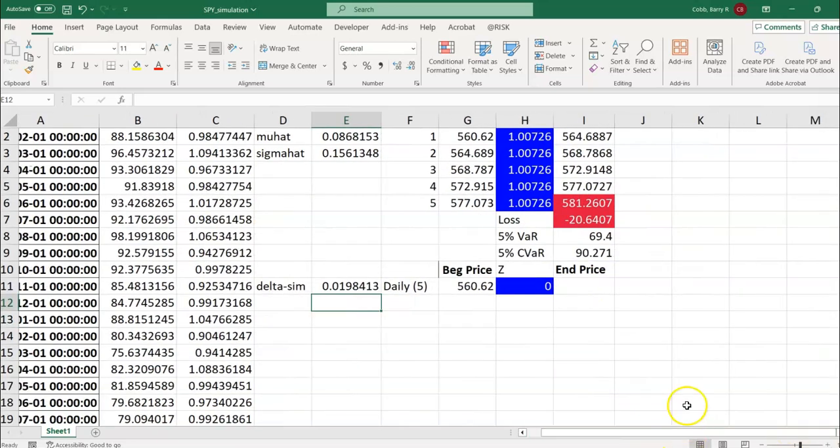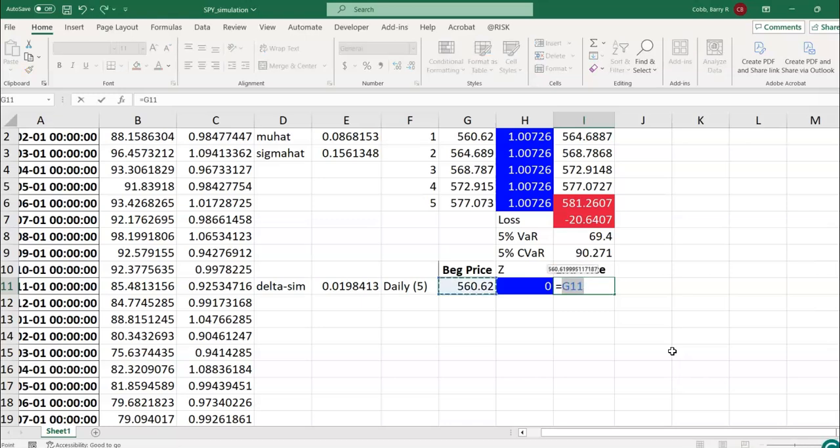Now the Excel formula is a little complicated. We just have to be real careful to use the formula as it appears in the textbook. So the end price would be the beginning price times the exponential function, and then in another set of parentheses we'll have mu hat, and we need dollar signs in front of the E2, so we're always referencing that same cell.